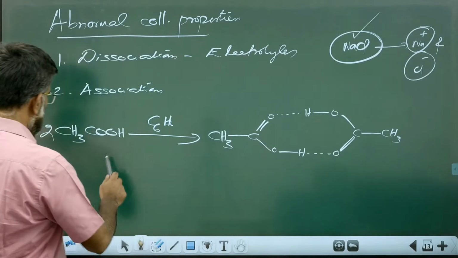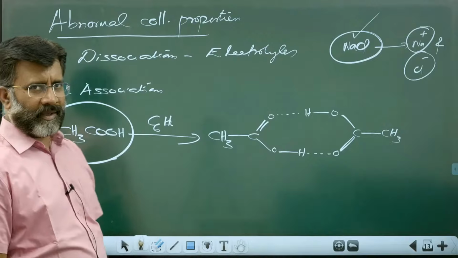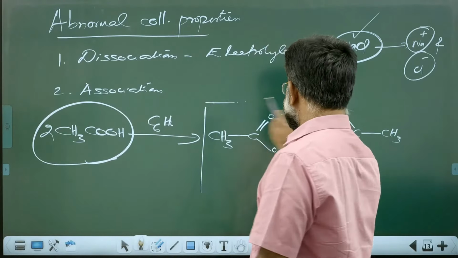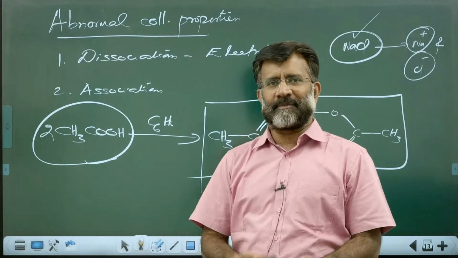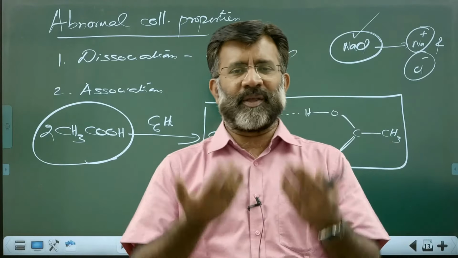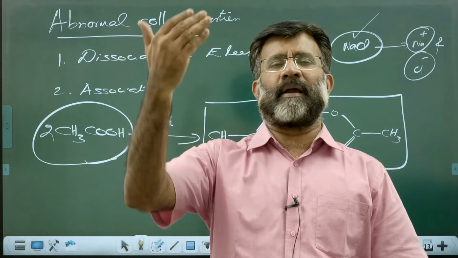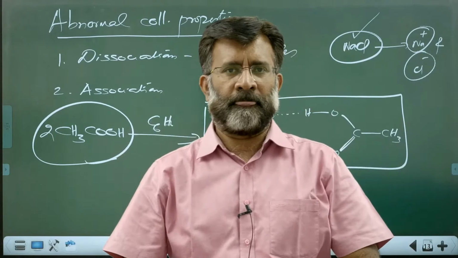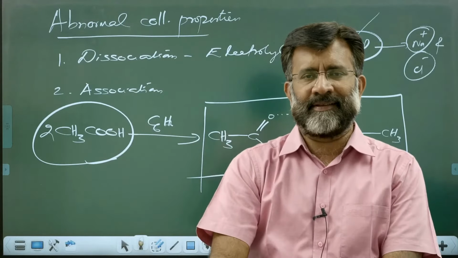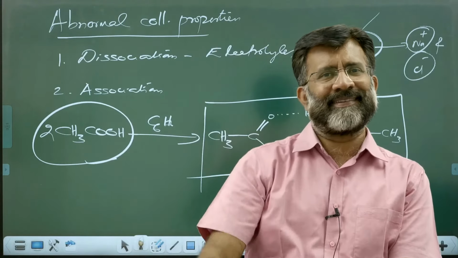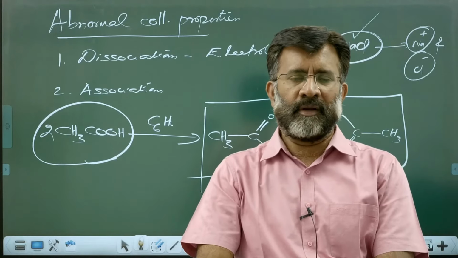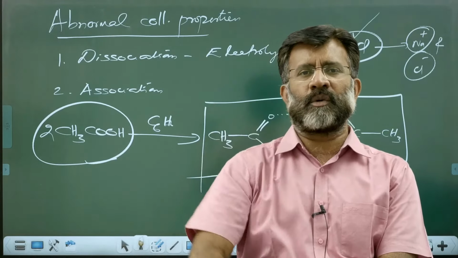Imagine we have taken 2 lakh molecules. Each pair acts as a single entity. You get 1 lakh molecules. So the number of molecules decreases. The number of particles decreases because they undergo association. So the colligative property will decrease. Molar mass will increase. This is the abnormality observed due to dissociation and due to association.